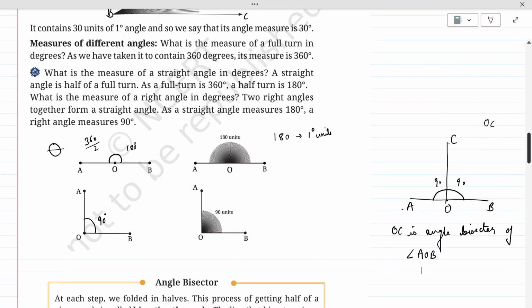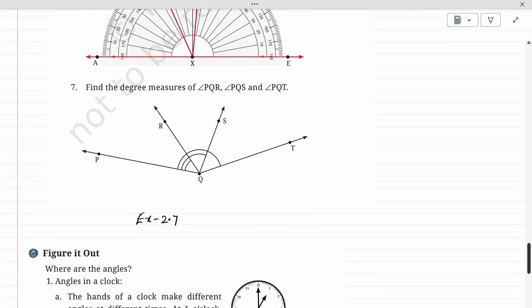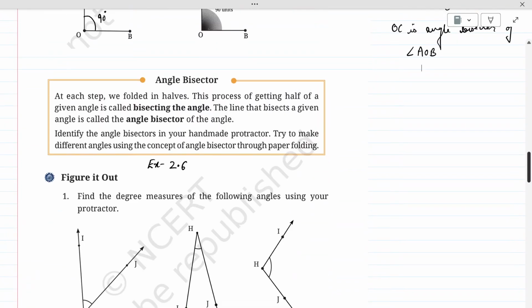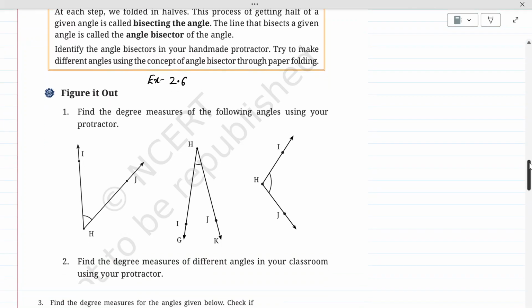And next we have exercise 2.6 here. Okay, so for doing this exercise, we know that we have to use a protractor, and we have used a protractor in our earlier class in grade 5. So now I'm going to tell you how you can keep your protractor and measure an angle.